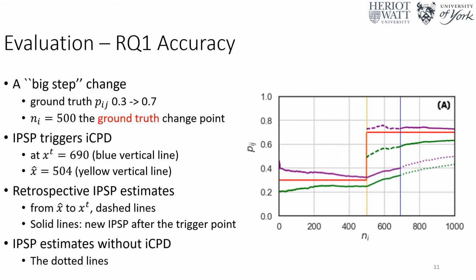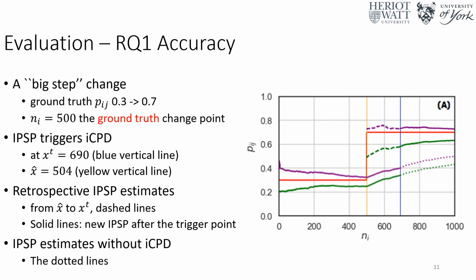That's the yellow vertical line, and you can see it is basically overlapping with the vertical red line. Now our approach resets the IPSP estimator in a retrospective way from the estimated change point to the trigger point, that is the dashed curves, and then continues the estimation until the end of the operation.